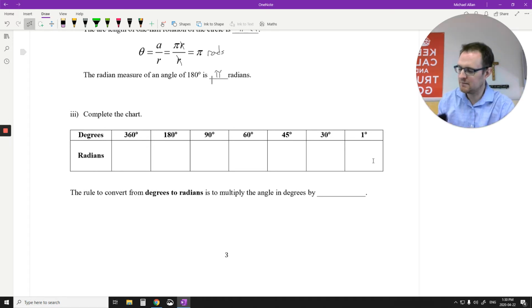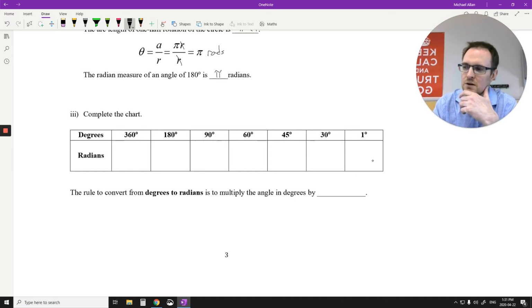It's very random, so it's not very exact. To keep things exact, I have to use the pi symbol. It's kind of like using the root 2 symbol. That's not a very exact number, so we have to leave the root in there. Pi is a non-exact number, but the symbol pi is considered exact to mathematicians.